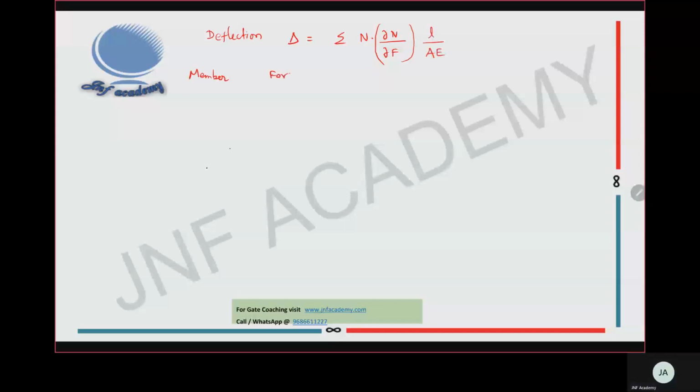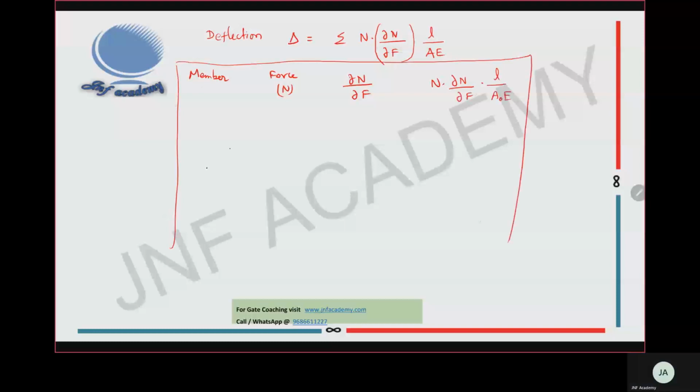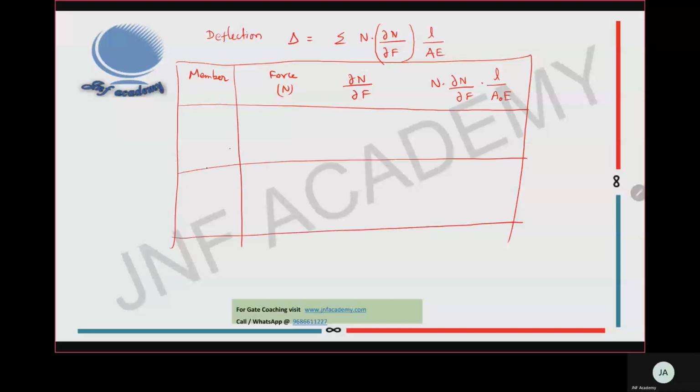In exam, no need to make these things and all. N, dou N by dou F, then N into dou N by dou F, L by A naught E. So first let me take the first member.